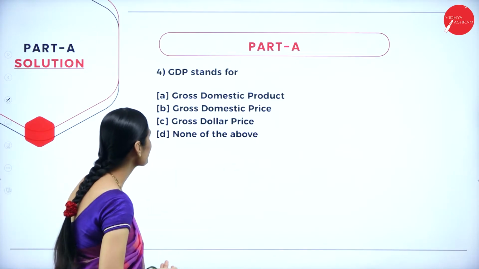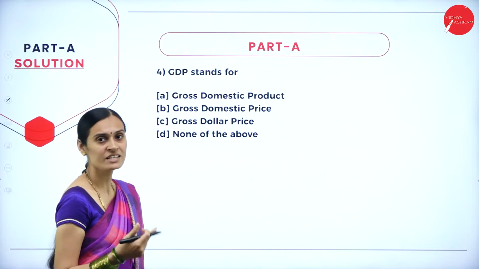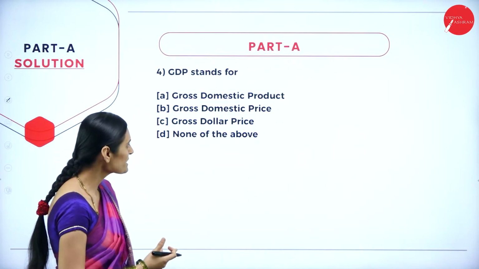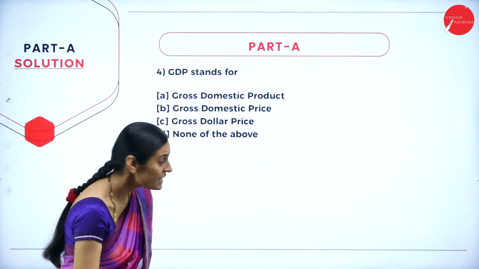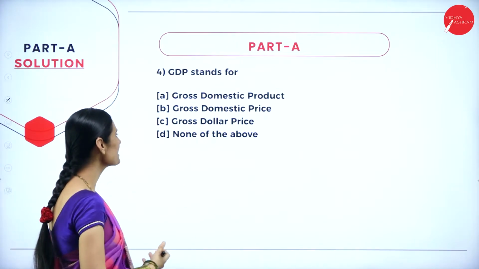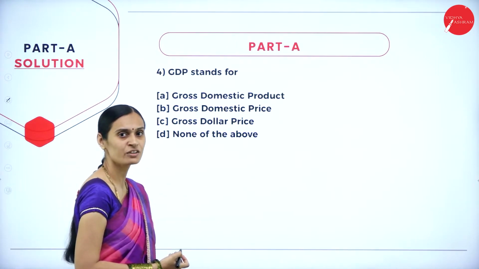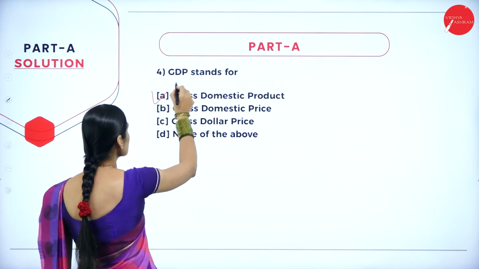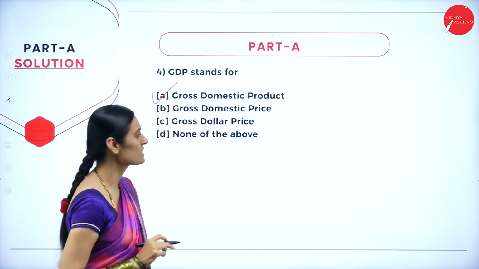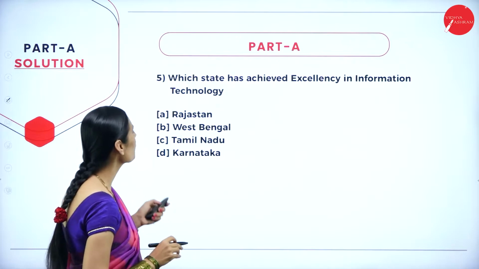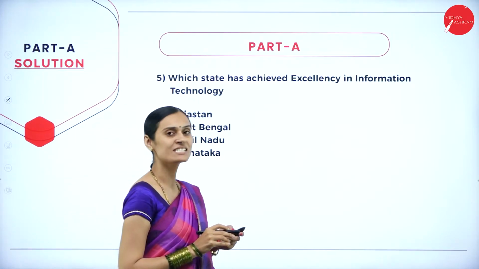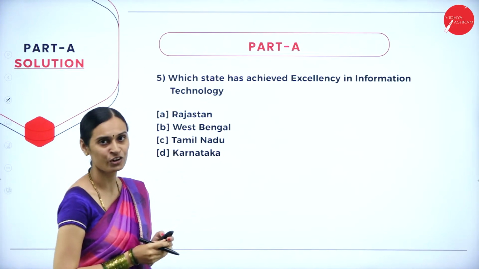And next one, GDP stands for. What is the right answer? Gross domestic product, gross domestic price, gross dollar price, or none of the above. Gross domestic product is the right answer. And next one, which state has achieved excellence in information technology?